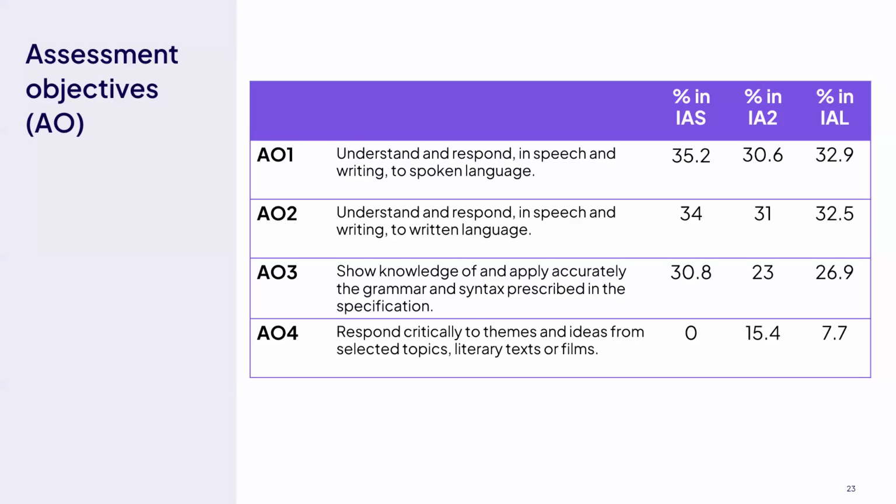They hear a recording and they write their answers. And we understand and respond to speech in spoken language, and that's the interaction and the spontaneity that we are seeing, the response to questions in the speaking part of the test.